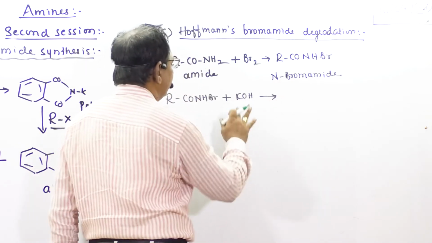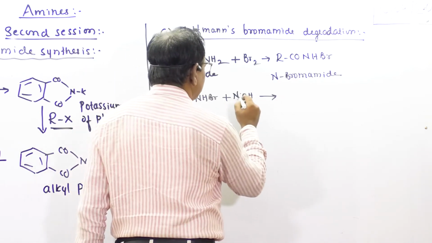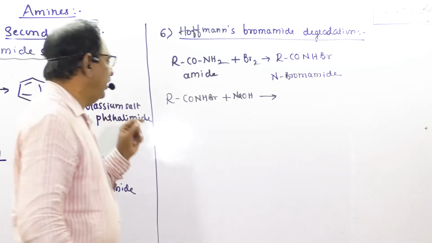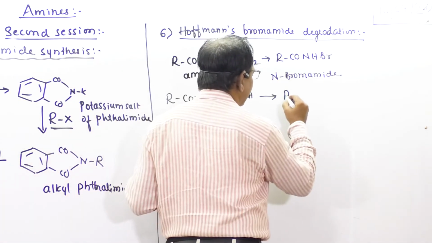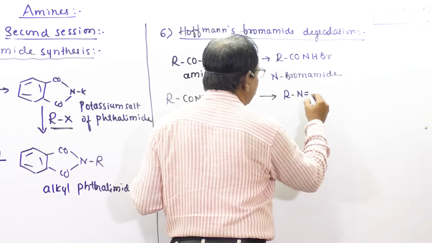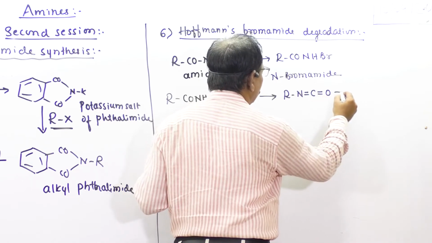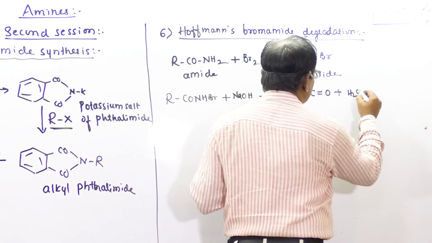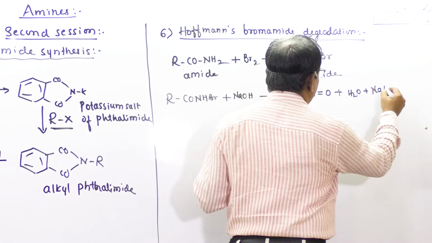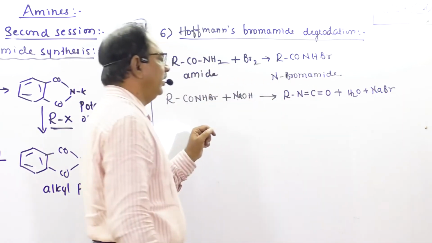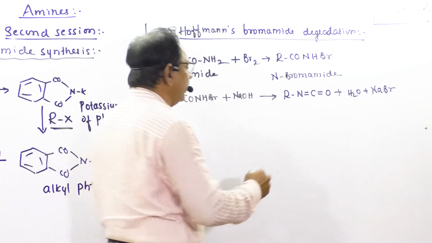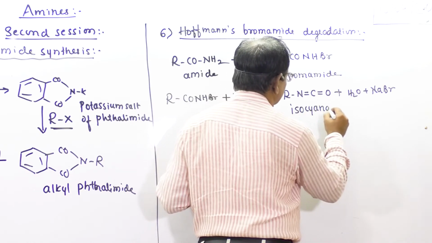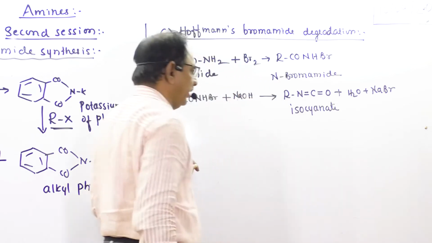You can use NaOH or KOH, whichever you like, because Na and K both belong to the alkali group. It undergoes a rearrangement reaction to give RN=C=O plus H2O plus NaBr. This is called an isocyanate.